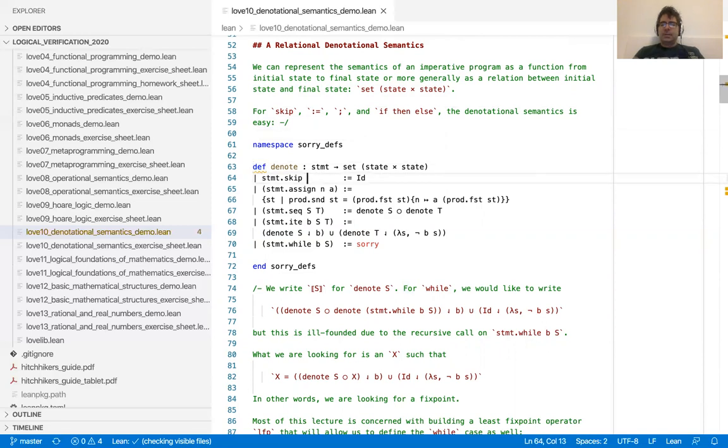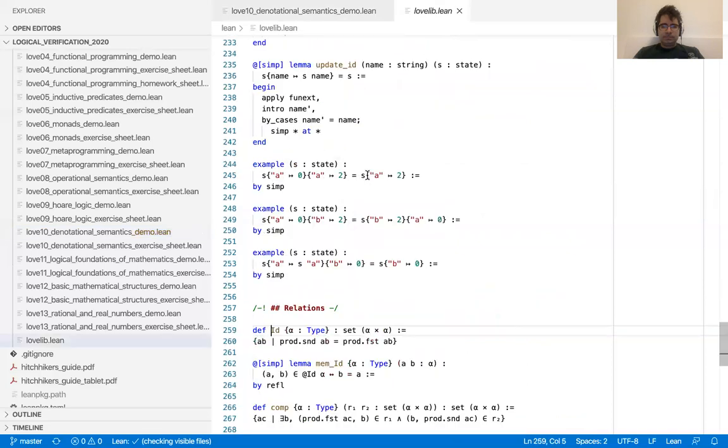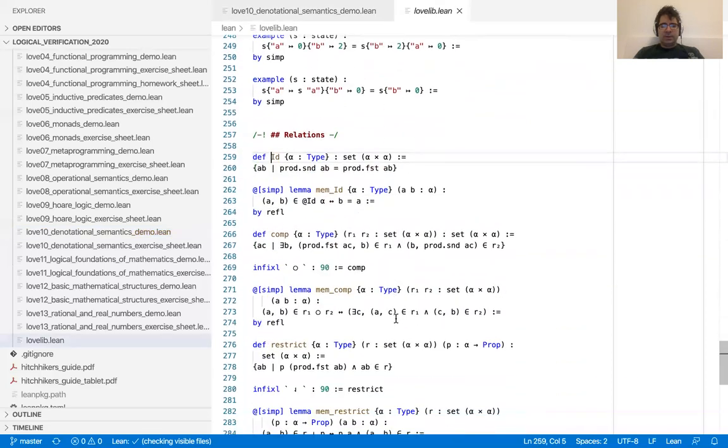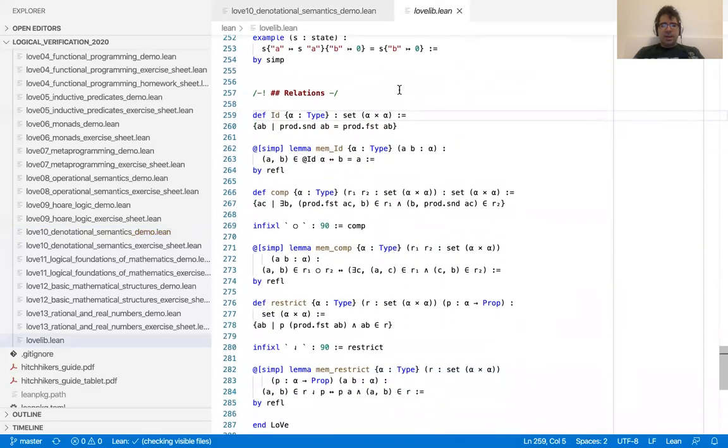define. So skip is the identity relation. So let's try to find its definition. Right, it's also defined in Mathlib. And what we have is that basically it's a set of all (a, b), right? So these are pairs, right? So letter a represents an element of type alpha and b represents another element of type alpha, and the two are paired.